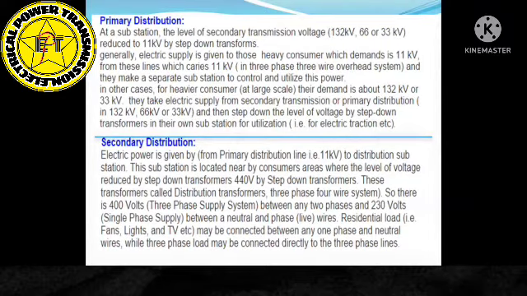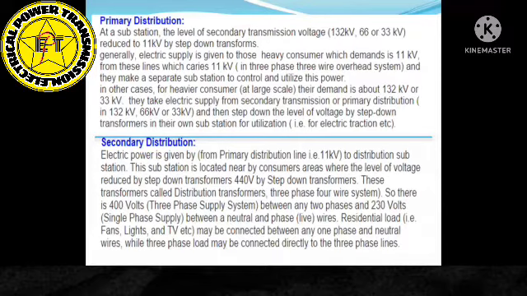Your 11 kV will be converted into 430 or 420, with phase to neutral 220 or 230. If your line voltage is 430, phase to phase voltage means line voltage 430, or simply phase to neutral 220 or 230. This is the actual bifurcation between primary transmission, secondary transmission, primary distribution and secondary distribution.